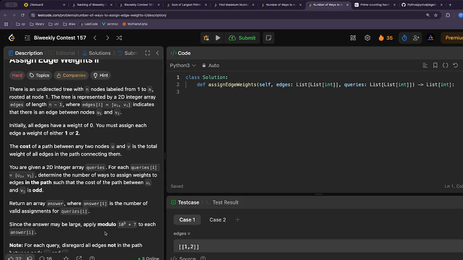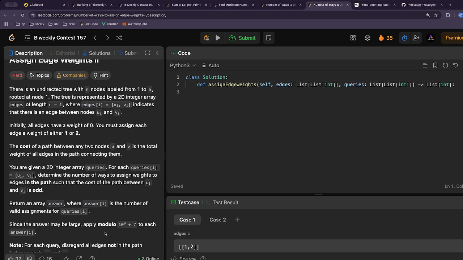And they give you queries, and each query is a pair of nodes, and you basically have to calculate the distance between any pair of nodes quickly. And then we can use the formula that we derived for Q3, right?